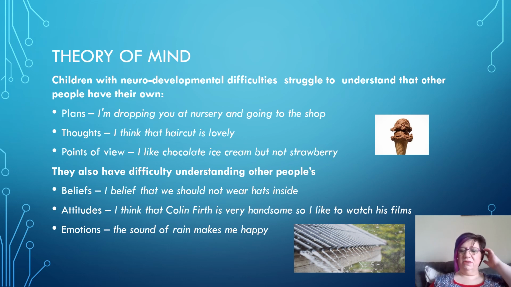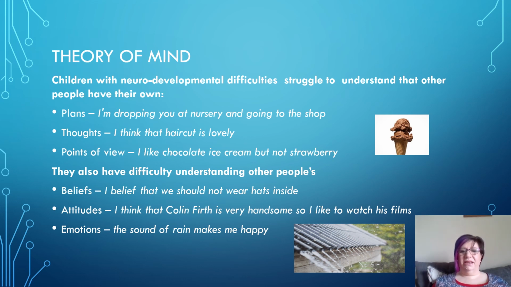I can remember working with a fabulous family some years ago where the young lad's theory of mind was so poor that when mum dropped him at school, it was almost like she then didn't exist because he couldn't imagine, picture and visualize mum in another circumstance when she wasn't with him. That's to the extreme of things.